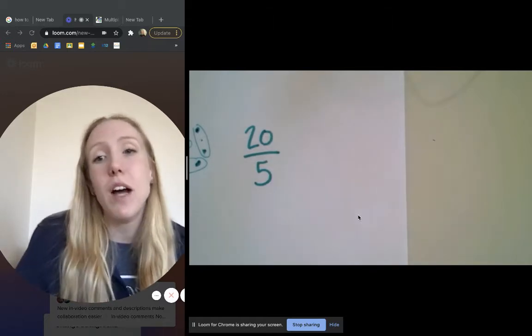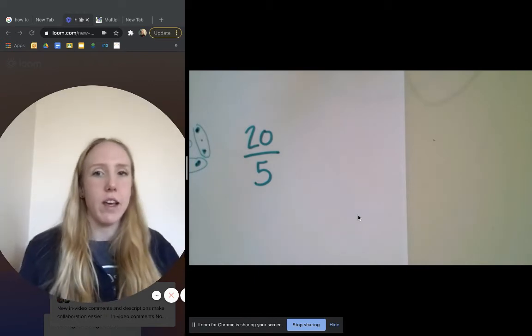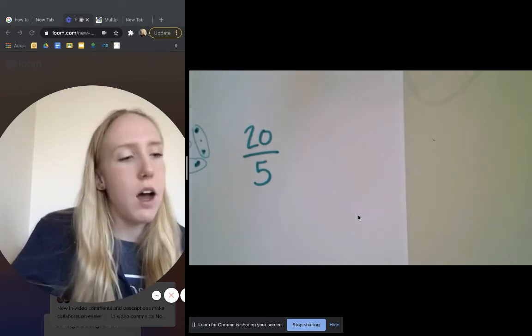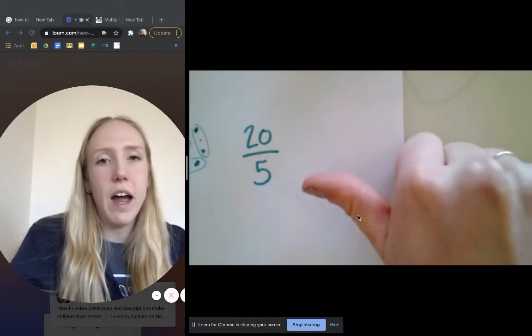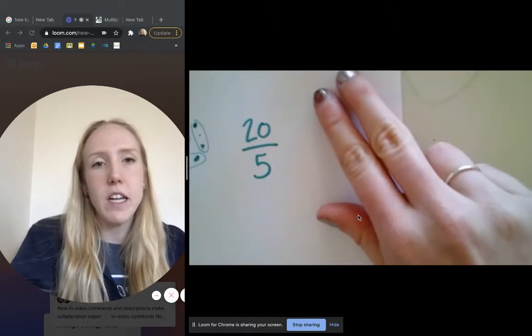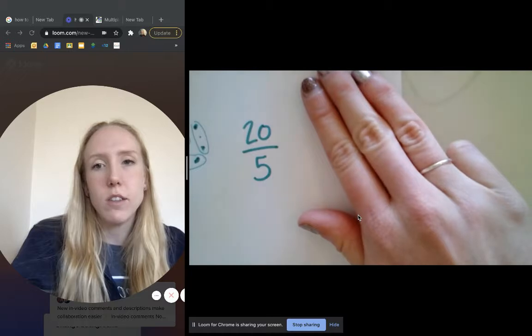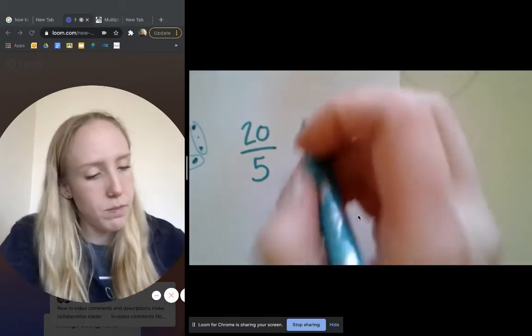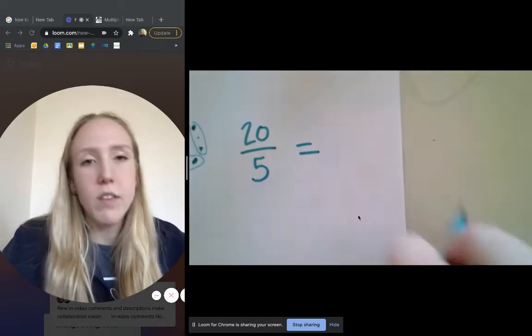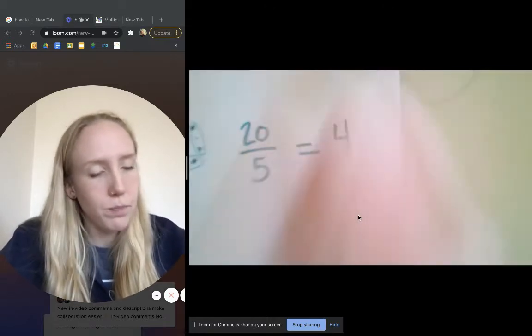Count on your fingers. It's fine. Even if you kind of have to do it in your head or in your lap, it's okay. So I count by 5s until I get to 20. 5, 10, 15, 20. So it took me 4 5s to get to 20. So 20 divided by 5 is 4.